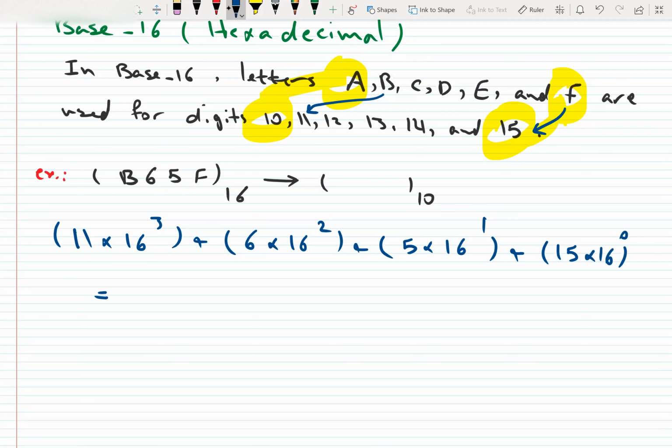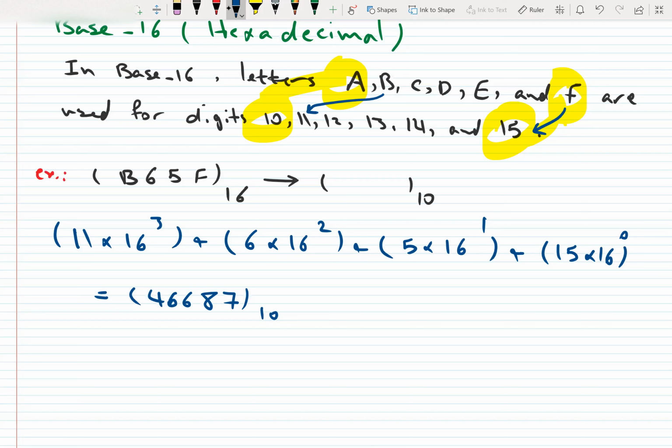This number is 46,687 in base 10. So we converted B65F from base 16 to base 10.